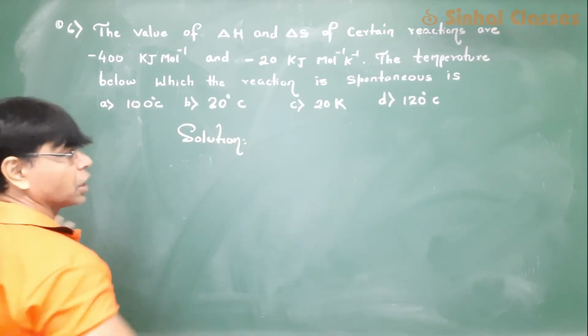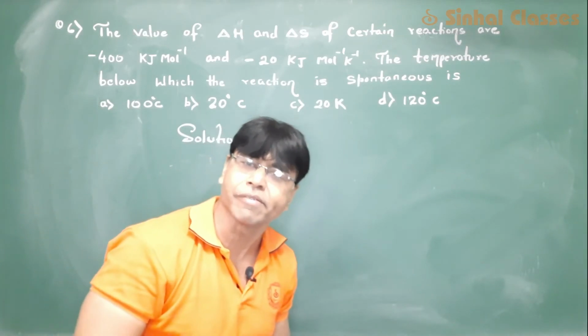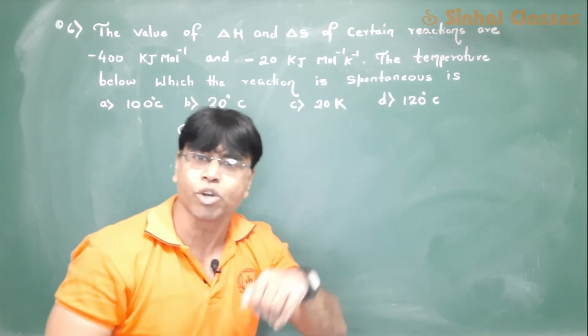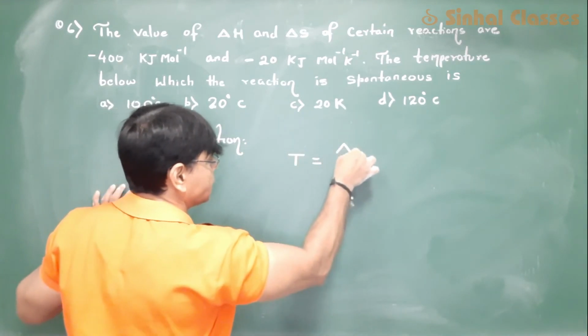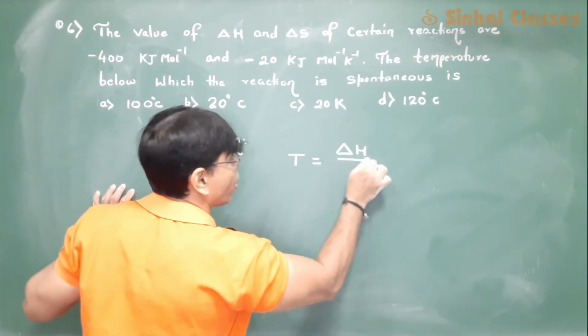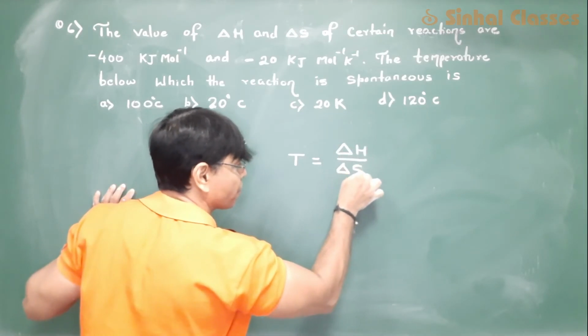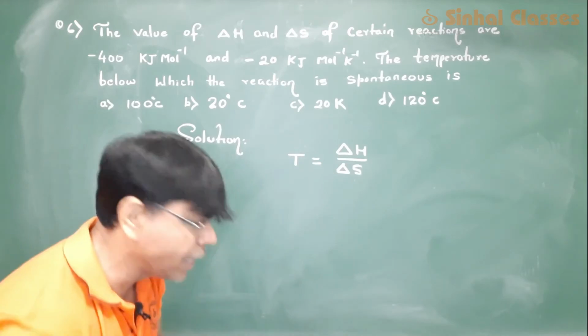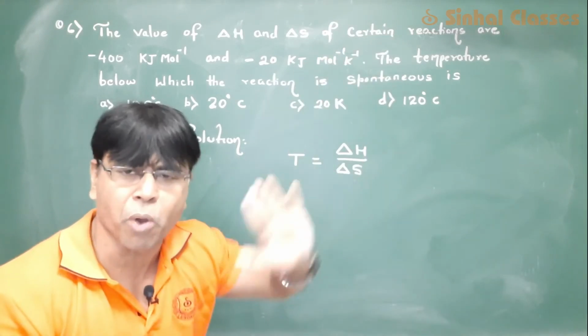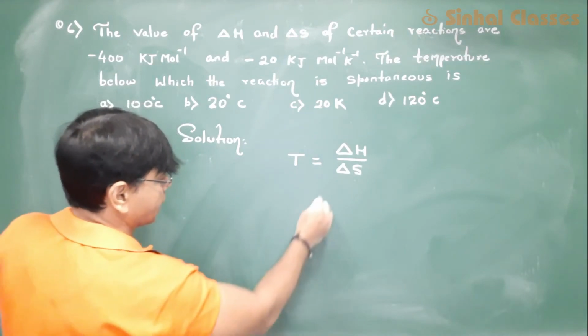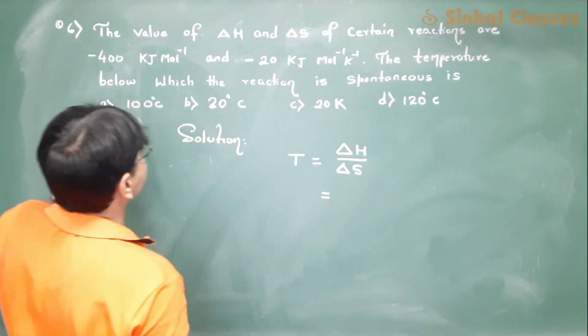We know the formula to calculate temperature at equilibrium is T equals delta H upon delta S. Below the temperature which we get, the reaction will be spontaneous. So let's put in the values.